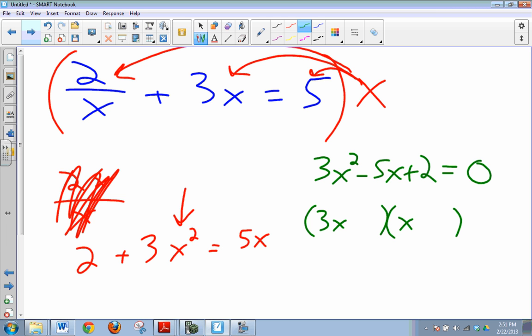So plus 2, minus 1. Close. That'll give us a 5, but it'll be positive. Oh, so it'd be minus 2 plus 1. Okay. Even that's not going to work out, although it looks like it should, because we need a plus 2 here. Okay. Doesn't factor, which is fine.